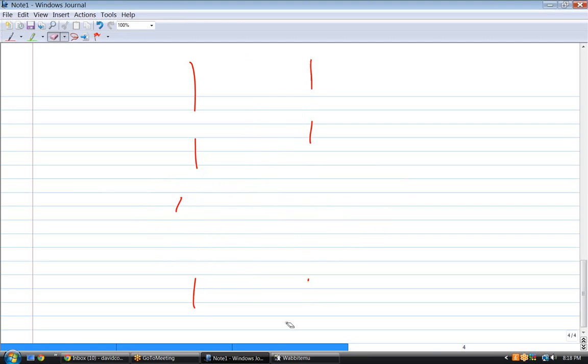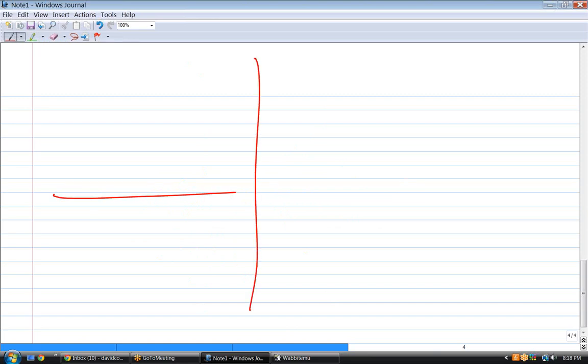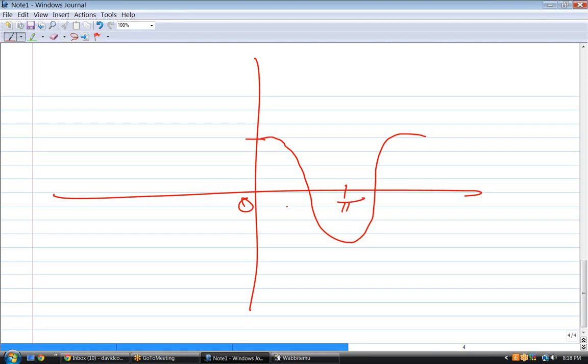Now, if we look at cosine, the original cosine curve, notice that if I reflect that over the line y equals x, I would not have a function. In other words, the inverse of this does not pass the horizontal line test. So the way they restrict the cosine curve is between 0 and pi, first and second quadrants.